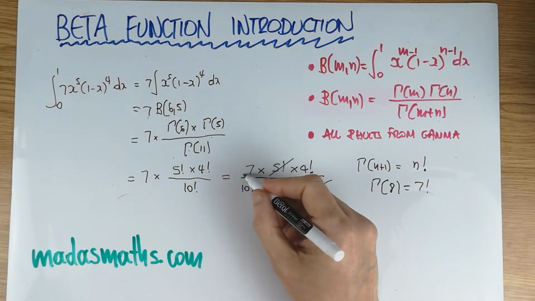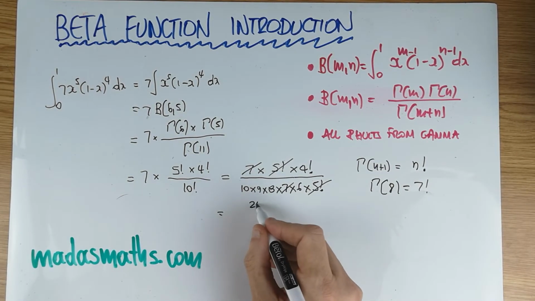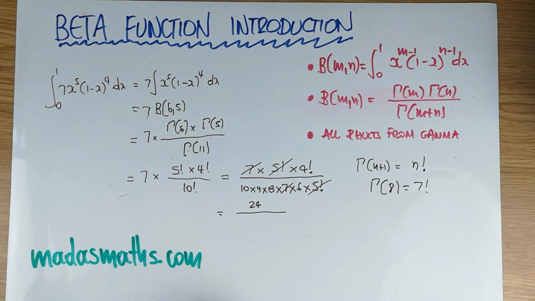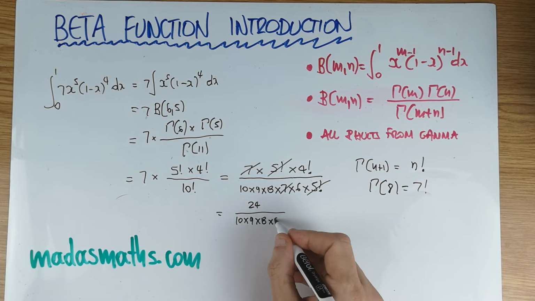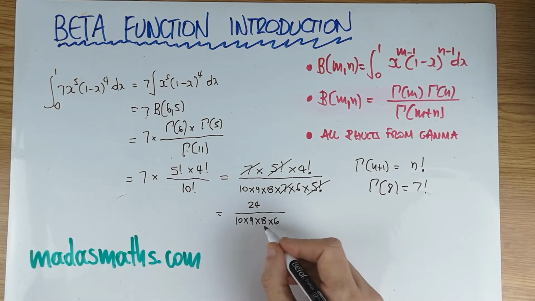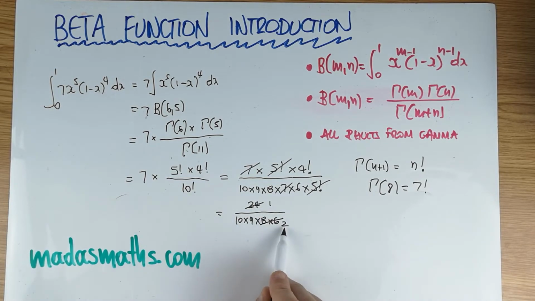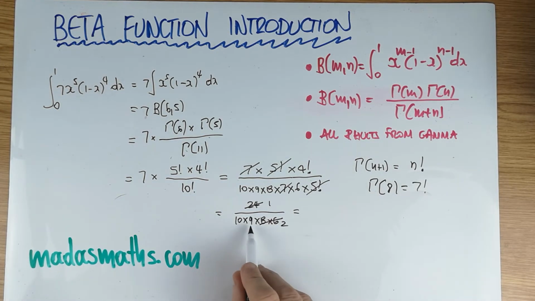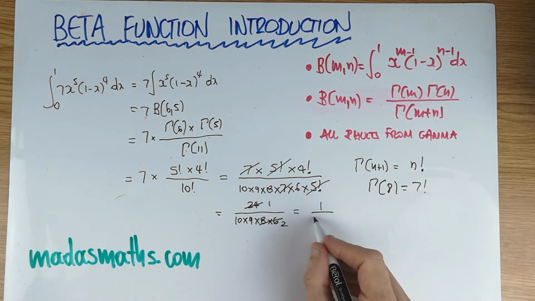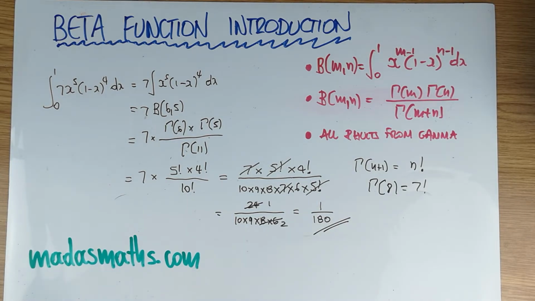And I can cancel the 7. Now what do I have? I have a 24, that's the 4 factorial. I'm not going to work this number out, I'll cancel a few bits. So 8 times 6 is 48, and there's a 2 in there because there are 2 lots of 24. Of course you can use a calculator. The numbers are not too bad. So I make this in fact 1 over 180. So that is not that difficult if we think about it.